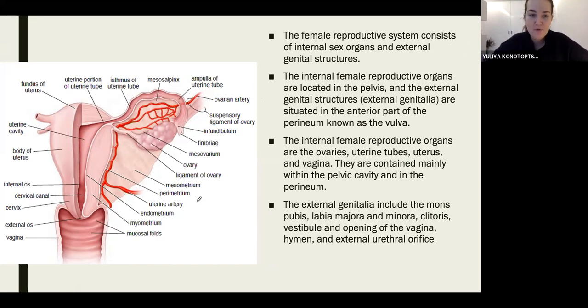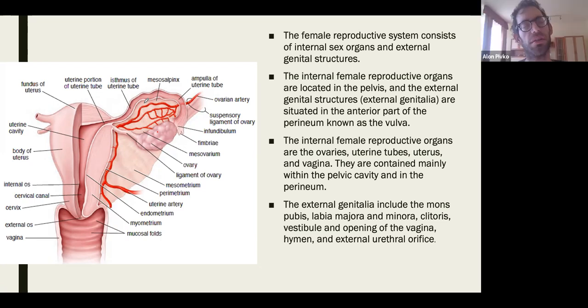So first, a bit of the anatomy. I think you understand that the same as male, female consists of the internal and external genital structures, right? Internal female reproductive organs: this is going to be your ovary, your fallopian tubes and your uterus. What is another name for fallopian tube? It's called uterine tube.